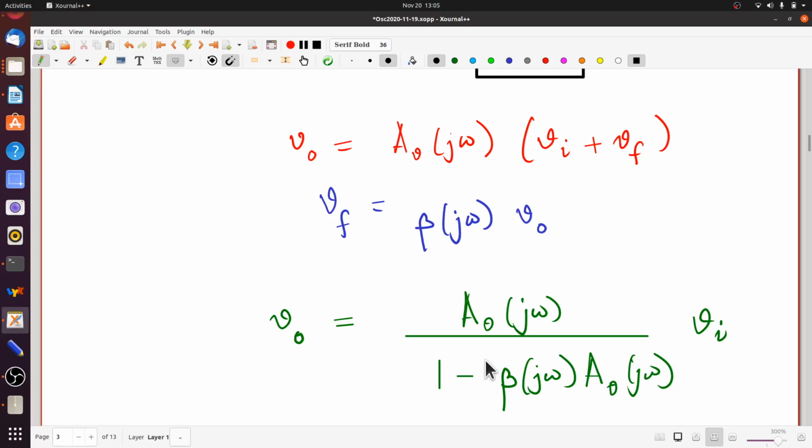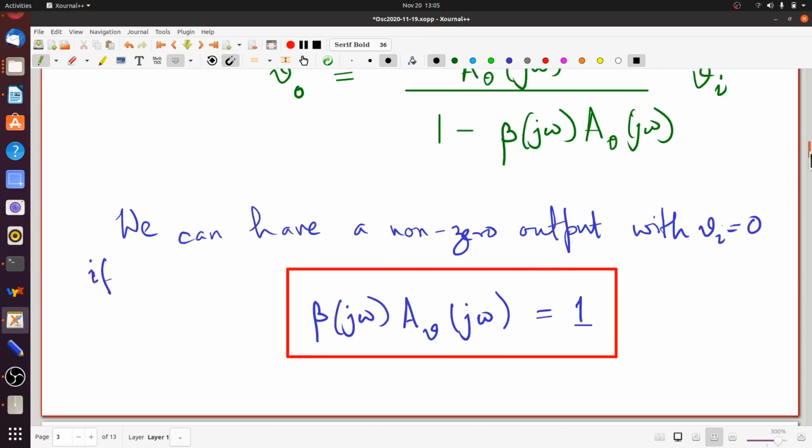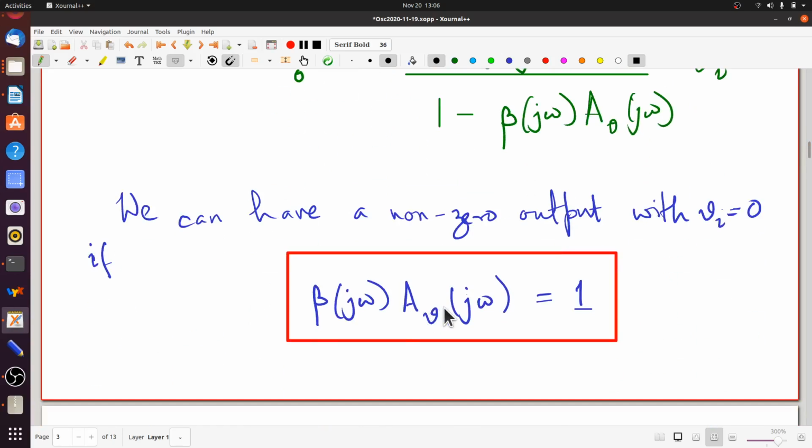Now, what we are interested in is the situation where you can have a non-zero output Vo even with a zero input Vi. It's easy to see that this is possible only if the factor in the denominator vanishes. So for self-sustained oscillations, you need this criterion: beta times AV is 1.